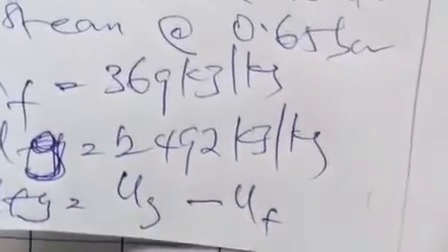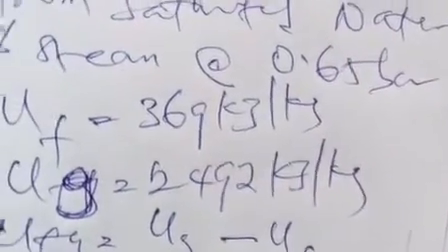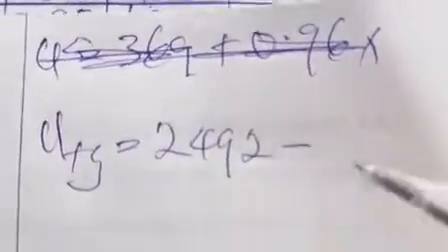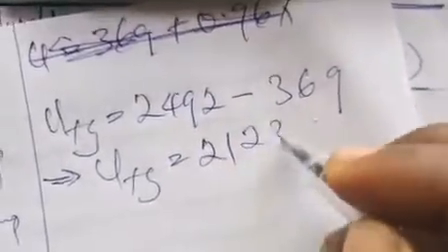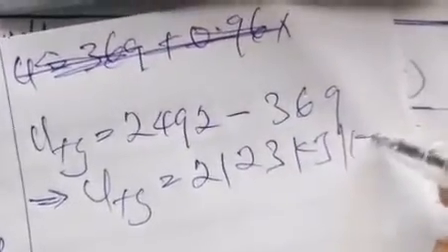UFG is equal to 2492 minus 369. So this implies that UFG is equal to 2123 kilojoules per kilogram.